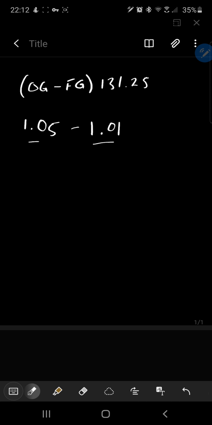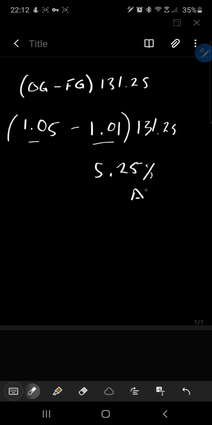So for this, we would put that in parentheses, multiply it by 131.25, and we end up getting 5.25, and that is a percentage of our alcohol by volume.